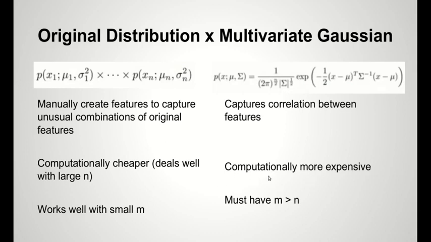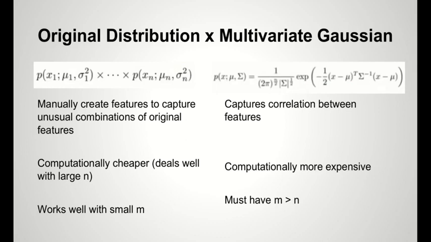And as I said before, anomalies come in all shapes and sizes, and it's hard to predict them. So a future anomaly may look completely different from the ones you already saw. So it's difficult for a supervised learning algorithm to learn what is going to be an anomaly or not.